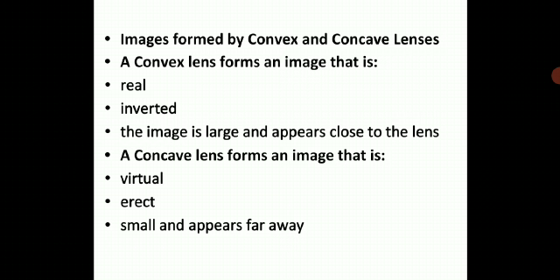That's why it is called a virtual image, and a virtual image is always erect, whereas a real image is always inverted. And you should know the size of the image formed. A convex lens gives a larger image that appears closer, whereas a concave lens gives a smaller image that appears far away.